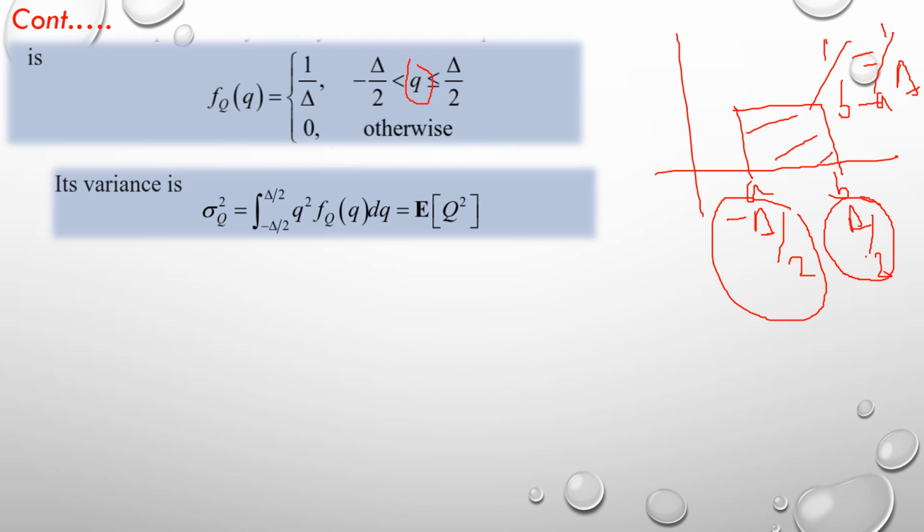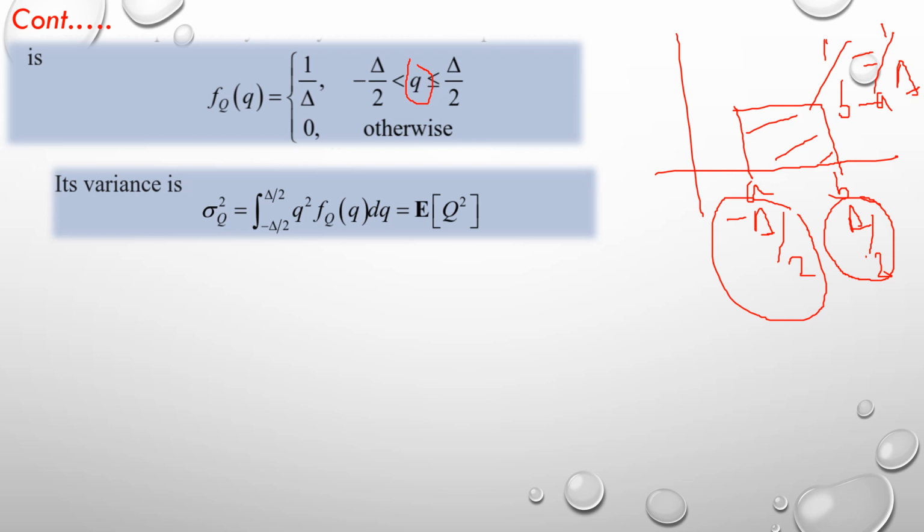Now the variance of the quantization error, sigma q squared, is equal to the integral from minus delta by 2 to delta by 2 of q squared into f_Q of q dq. So this is the variance of the quantization error.